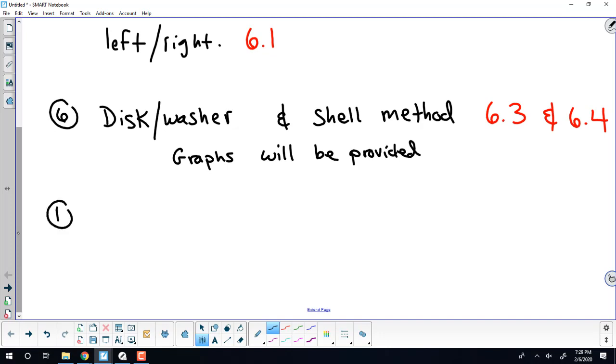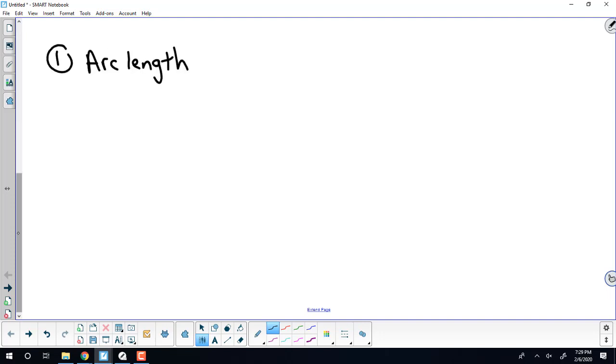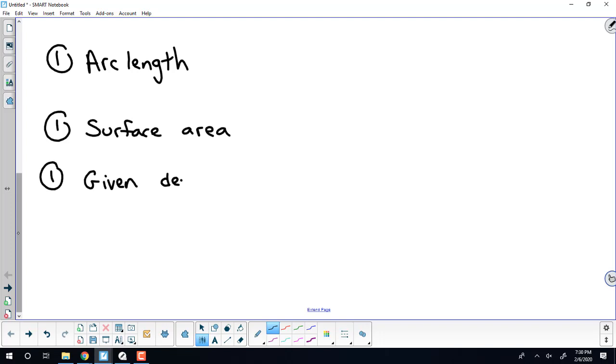There's going to be one question for arc length. One question over surface area. One question where you're given a density, which was rho of x. So you're given that, you want to be able to find the mass.